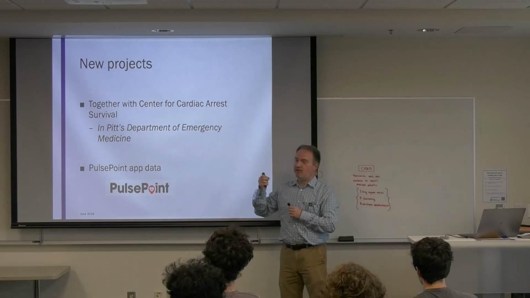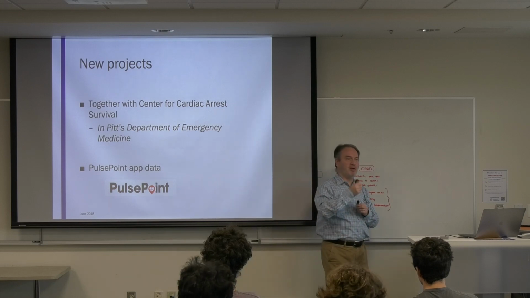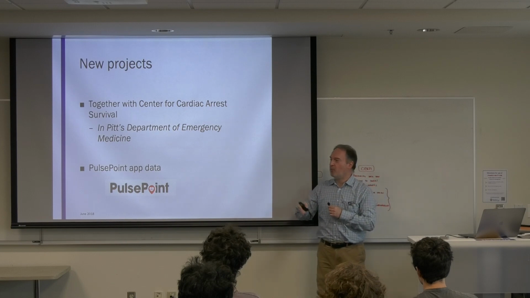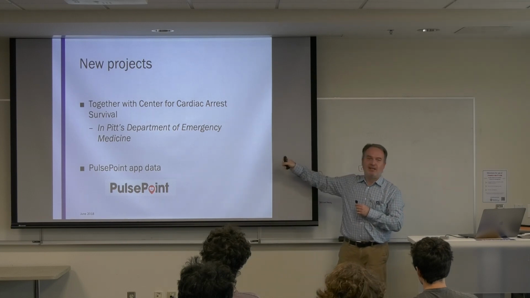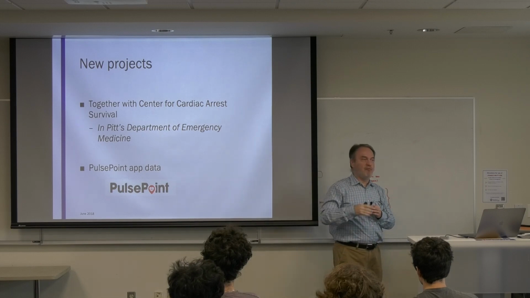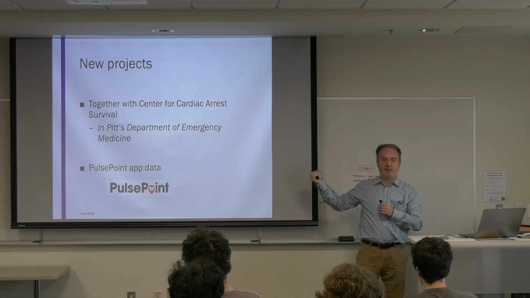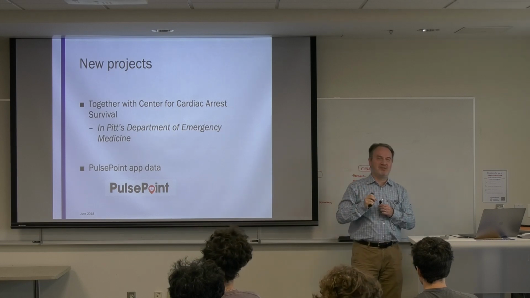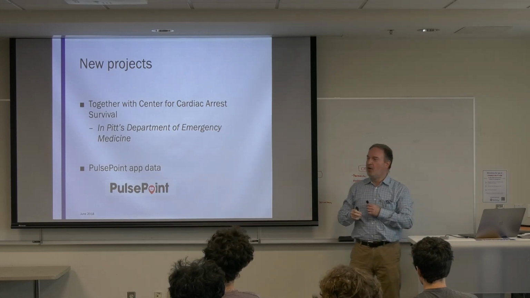The way it works is if someone calls 911 reporting that someone stopped breathing, that gets flagged. Then everybody that's marked to be a volunteer through that app gets a notification if it's within walking distance, close to where they are right now.